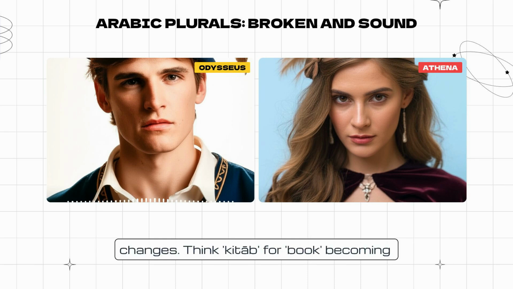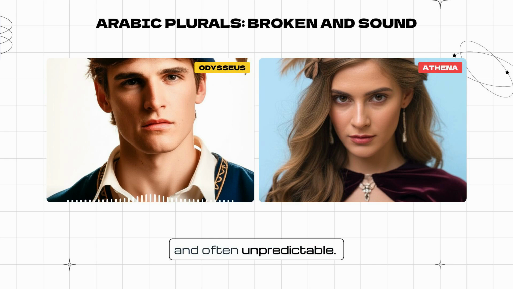Think kitab for book, becoming kutub for books. The vowels shift, sometimes letters are added or removed within the word itself. It's a completely different pattern for a vast number of nouns, really. We also have sound plurals for certain masculine and feminine nouns, which are more predictable with suffixes, but the broken ones are truly prolific and often unpredictable.